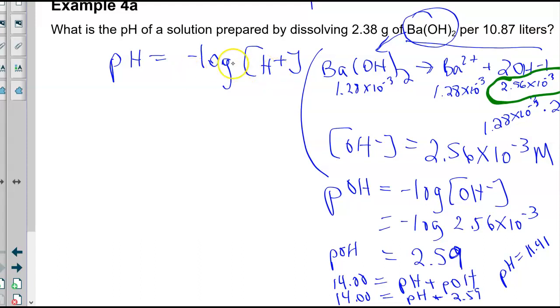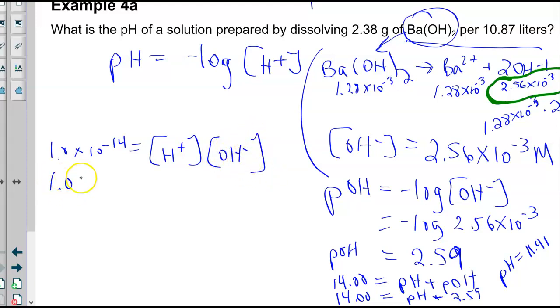I'm going to leave some space here, and then I'm going to say that I know that 1.0 times 10 to the negative 14th equals H plus, just another formula we've been using, times OH minus. So 1.0 times 10 to the negative 14th equals H plus is what we're solving for, because this formula did not give us H plus because we were provided a base. So instead of doing square brackets, let me make that a parentheses.